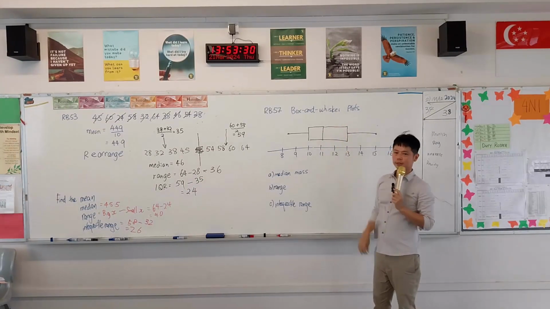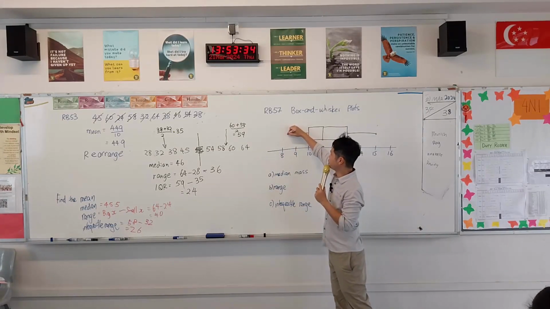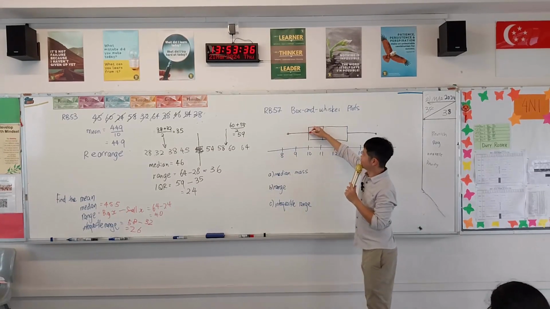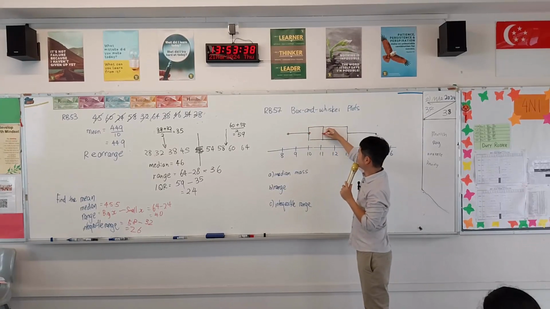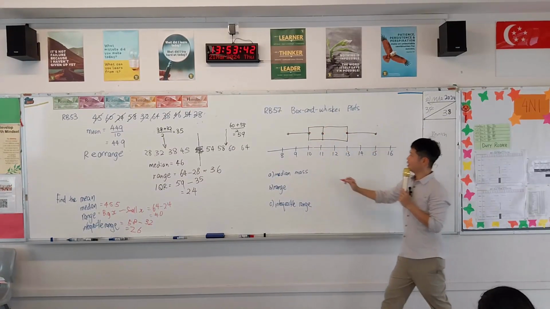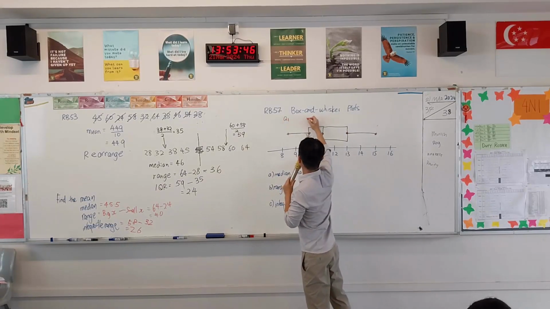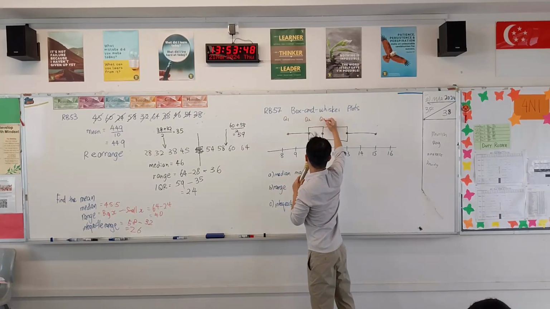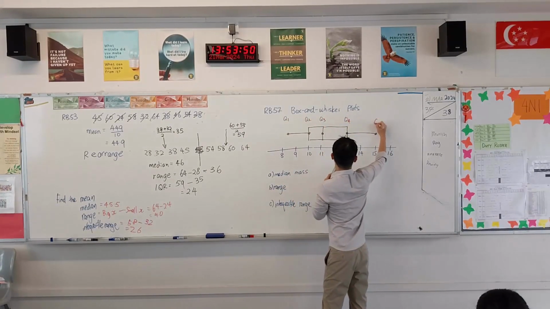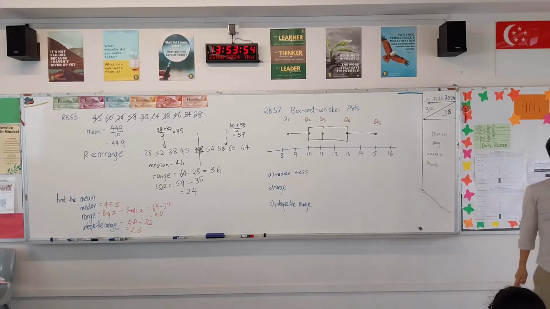This is called a box and whisker diagram. There are altogether 5 points. Some books call this a 5-point plot. 1, 2, 3, 4, 5. Okay? So this is 1, 2, 3, 4, 5. Guess, guess. I never taught so you guess.